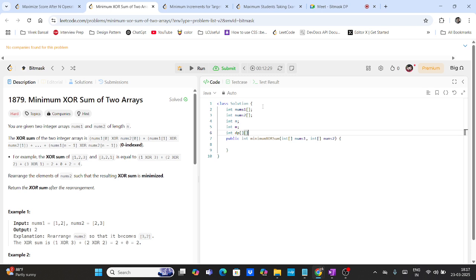One is for first and one is for second. Now it's all about initializing the dp.